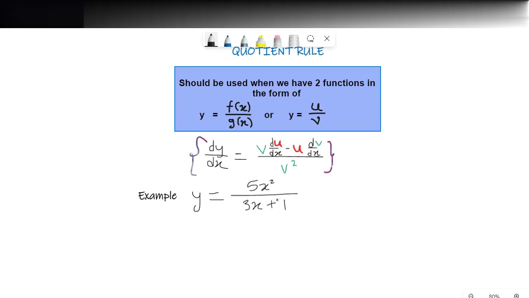We have y is equal to 5x squared divided by 3x plus 1.